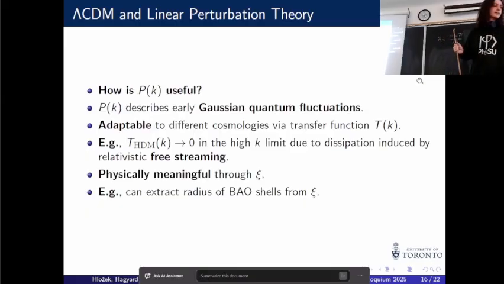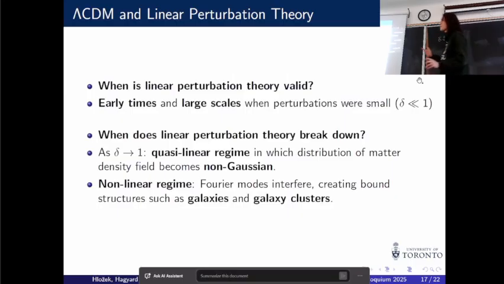To that end, it's important that we not get too fixated on the observable, but on how we got to that observable. Linear perturbation theory, which until now I've described as the source of our power spectra observable, is only valid at early times of the universe and at large scales when the perturbations were small, corresponding to a delta of much less than 1.